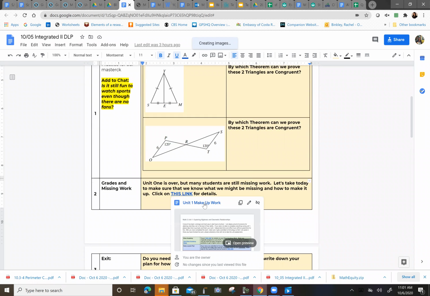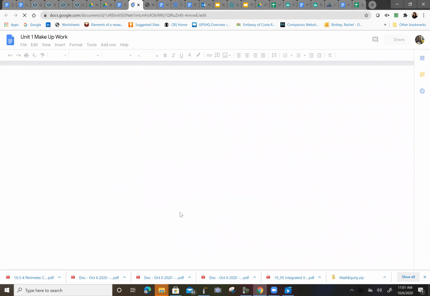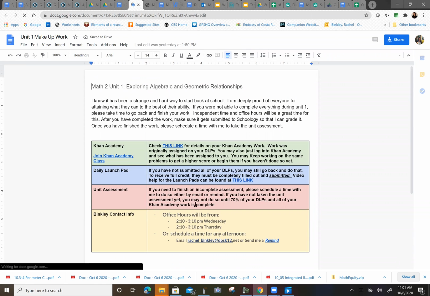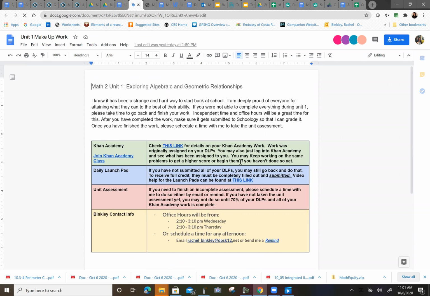It links to unit 1 makeup work, and these are the 3 big categories that you can make up for unit 1. There are all of these Khan Academy problems that were assigned on different launch pads. So I put them together.